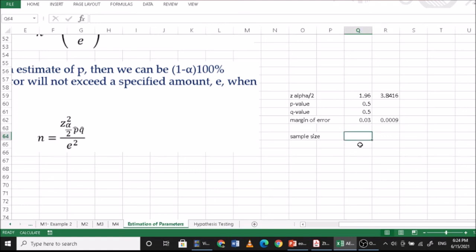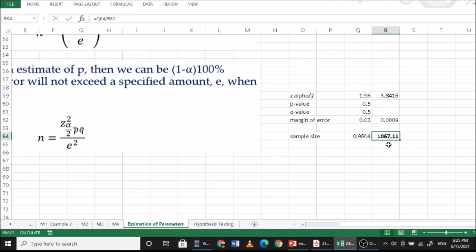Then for the sample size, this is now equal to z alpha over 2 squared times p hat times q hat. Then we divide everything by the squared value of the margin of error. So for the sample size, to have a 0.03 margin of error, you have to have at least 1068. The sample size should be at least 1068.